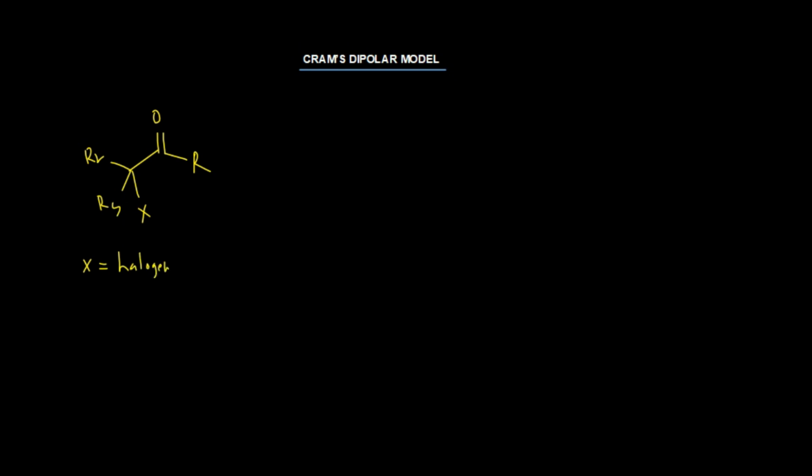So what will happen when the halogen is there? This bond is a polar bond, and this is also a polar bond, so there occurs repulsion between them. In order to minimize this repulsion, this X goes anti-parallel to the double bond oxygen, so the configuration would become just like that. If I draw the Newman projection for this one, this is my oxygen, and this is my R, the front one.